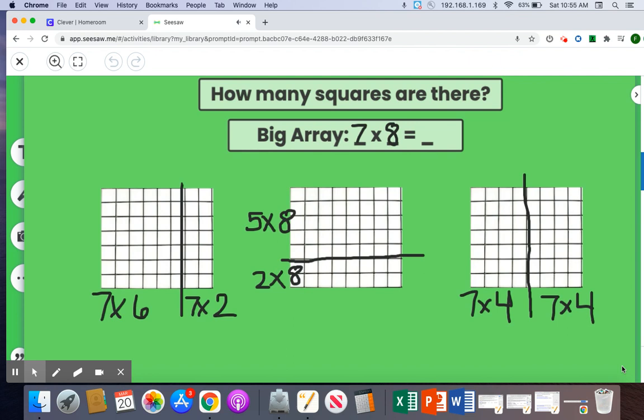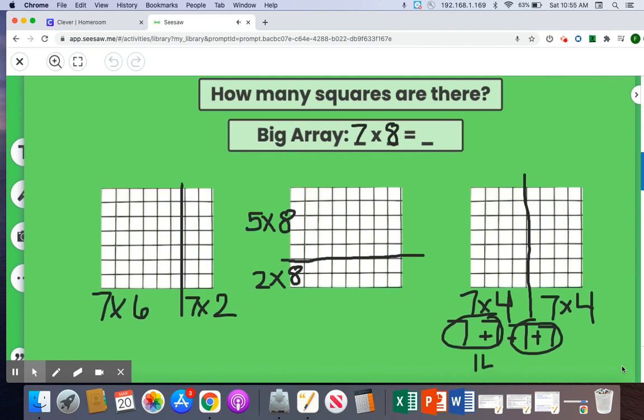I can just solve 7 times 4 one time. But instead of doing 7 4s, I'm going to use the commutative property and turn it around and do 4 7s because that's easy. 7, 7, 7, and 7. 4 7s. And I can use doubling to help. 7 plus 7 is 14, and another 7 plus 7 is 14.